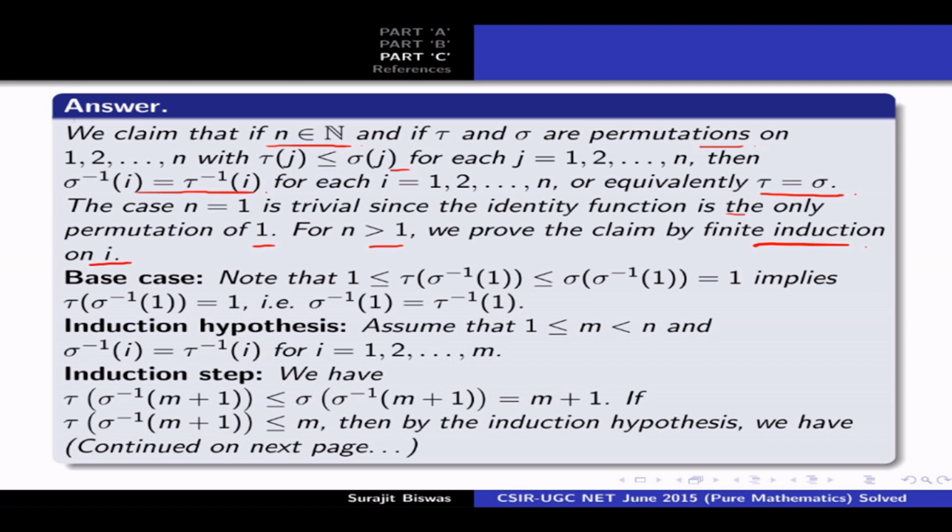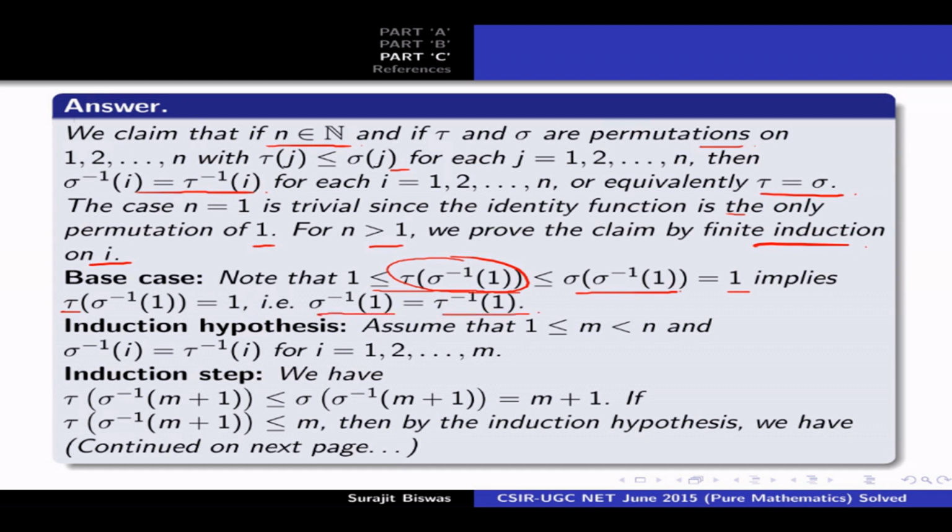The base case: note that 1 ≤ tau of sigma inverse of 1 ≤ sigma of sigma inverse of 1, which equals 1. This implies it is 1, that is, taking tau inverse on both sides, we get sigma inverse of 1 equals tau inverse of 1.